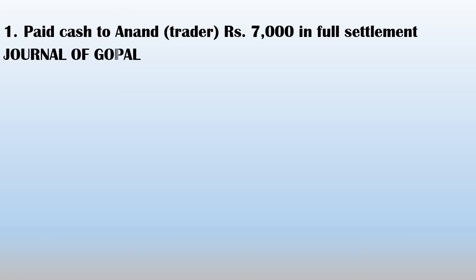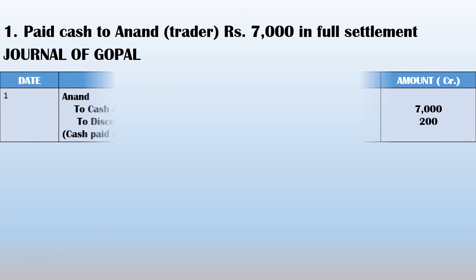This journal entry is in the books of Gopal. In the books of Gopal, it will be Anand 7,200, to cash 7,000, and to discount received 200.